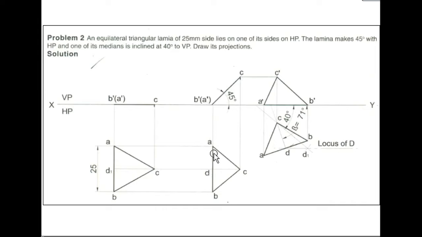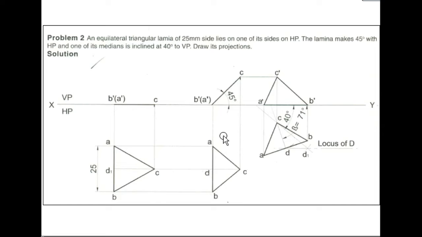Next I will extend the line downwards. So A dash, A inclination will get point A, similarly B dash and B inclination will get B, C dash and C inclination will get C point. So I will join the line and I will get this second position of top view of an equilateral triangular lamina.